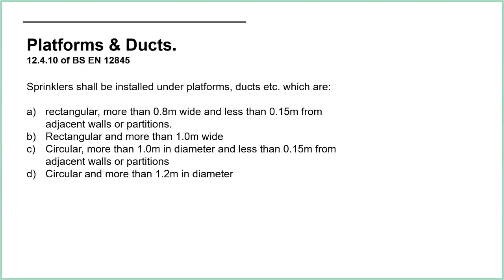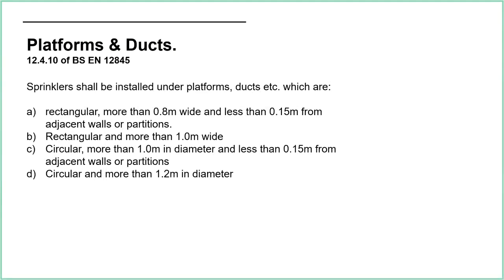If you've got a slightly different shape, you're going to have to use common sense as to which one to go for. This is an example of them doing a great job of condensing the rules down into just four bullet points. But for me, it's a little bit confusing in terms of what exactly these rules are saying, so I'm going to go through it and give a few examples.